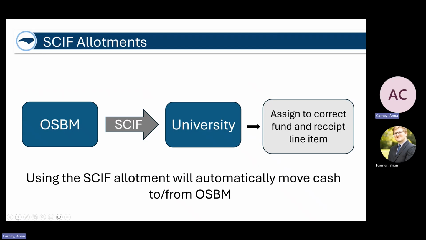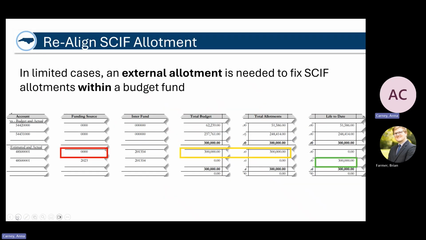And in part, we point this out because there are rare circumstances where an external allotment might be needed to fix something in SCIF receipts in the 725 report. So you can see in this example, in the red box, the funding source is incorrect. And then the total budget and allotments are sitting not where the correct funding source is. The cash is already there in that 2023 funding source year.